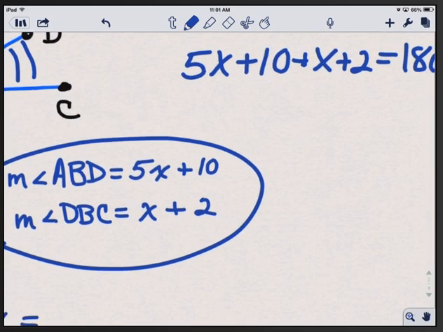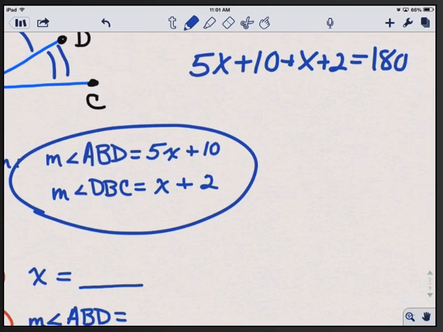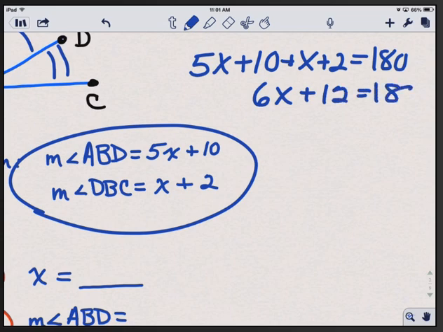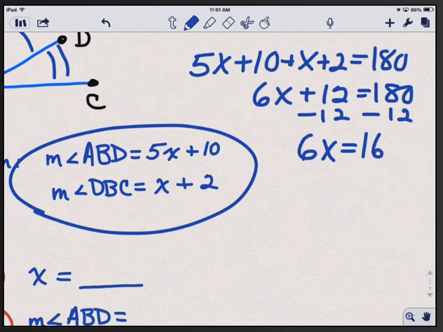So now we take that equation and simplify it. We have 6x plus 12 equals 180. We subtract 12 from each side of that equation. We get 6 times x equals 168.